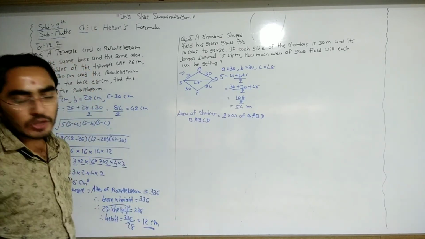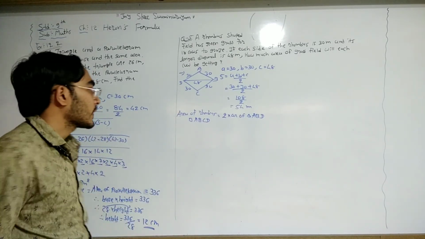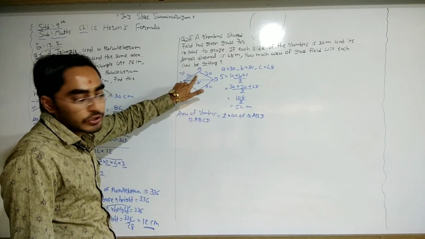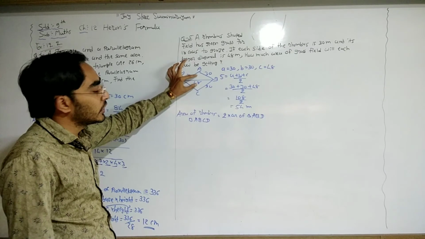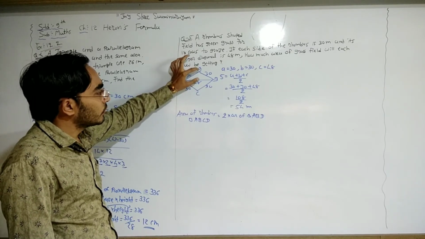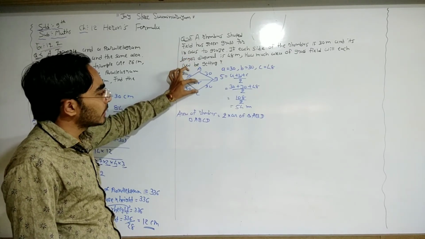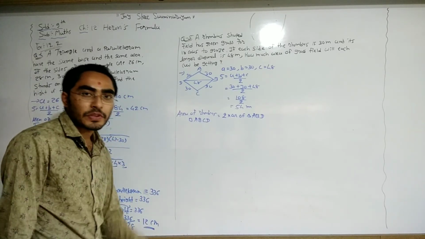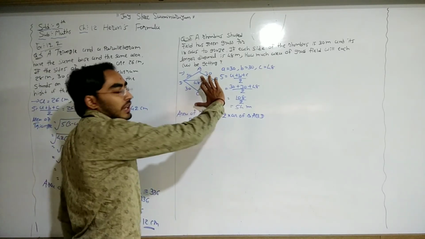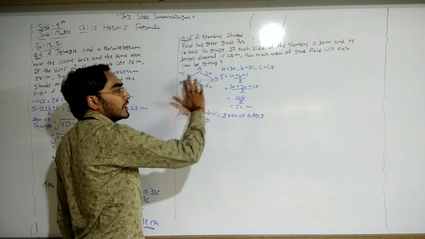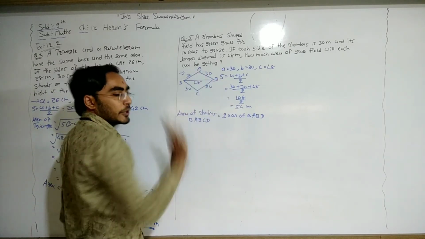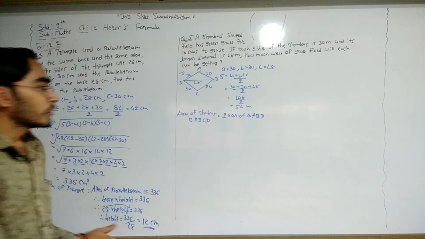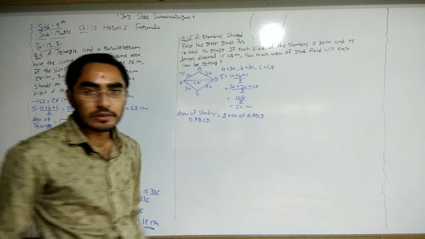So we find the area of one triangle and multiply by 2, and we get the area of the whole rhombus.